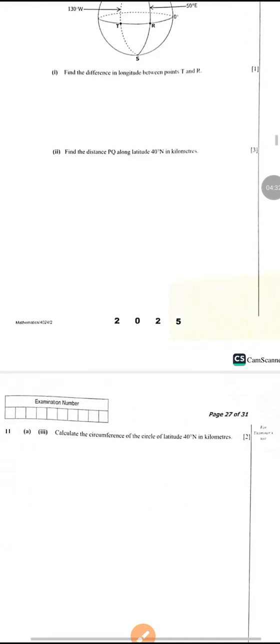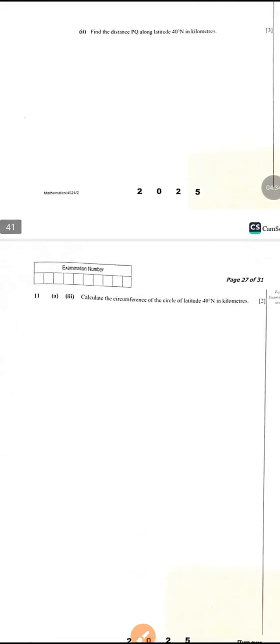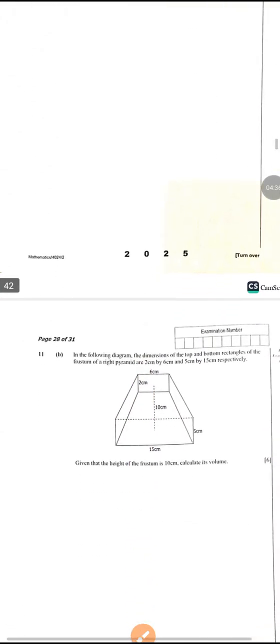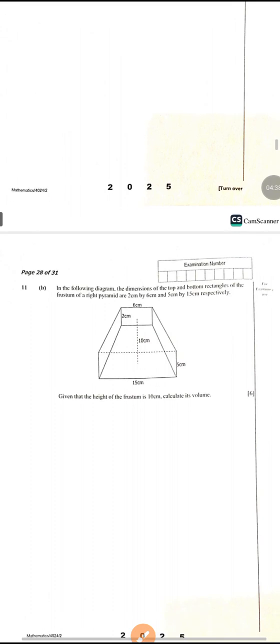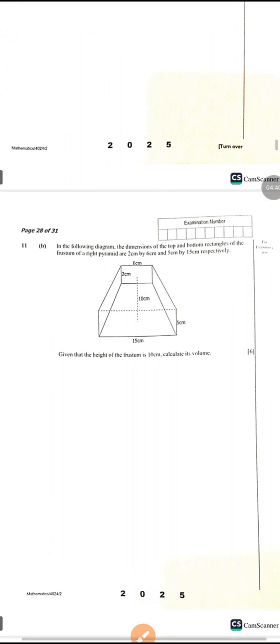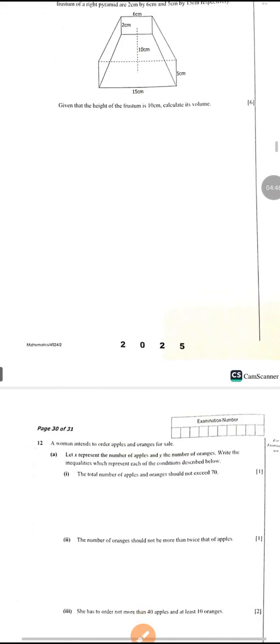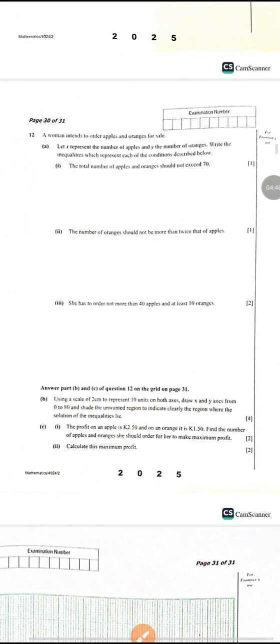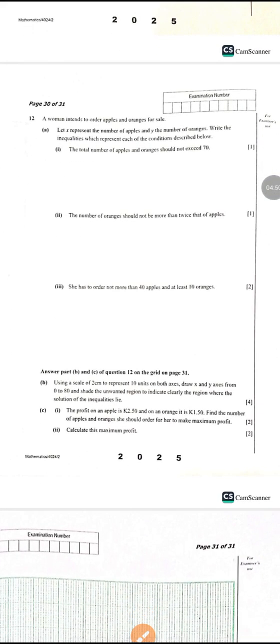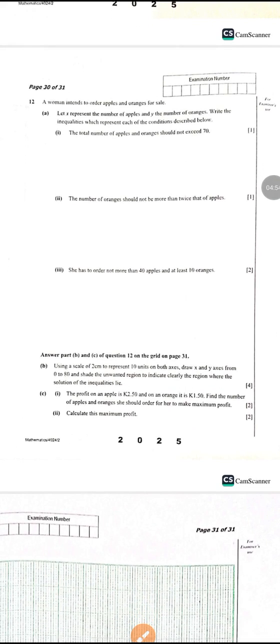I'm sure you're able to see and take note. Wow. Then we're having question 11B, where we are told to calculate the volume of the first term. As you can see, we are having question 12, where we are having linear programming.